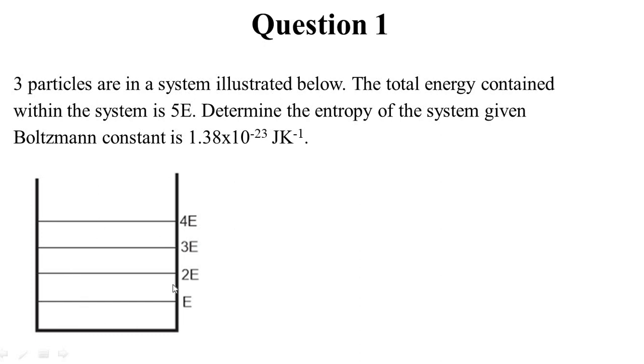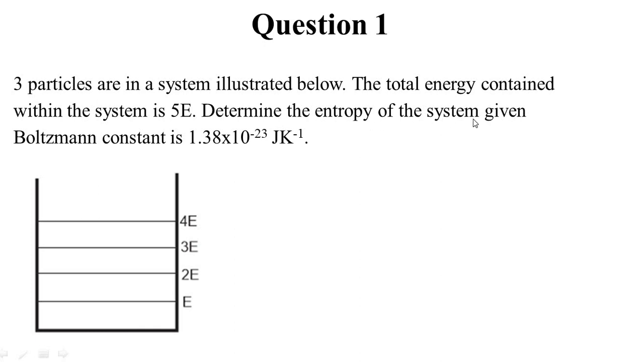This is the diagram. You can see the energy levels. So we are talking about the total energy contained within the system is 5E. So if you have a number of particles in this system, the sum of their energies should total to 5E.